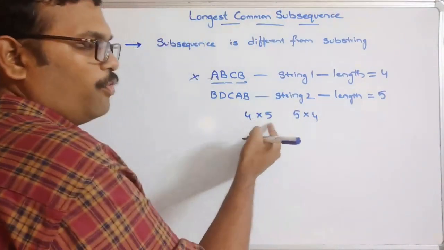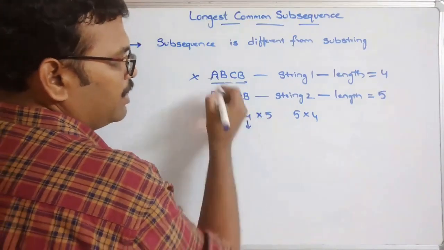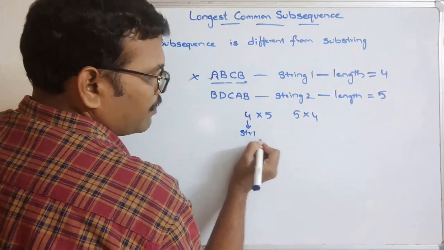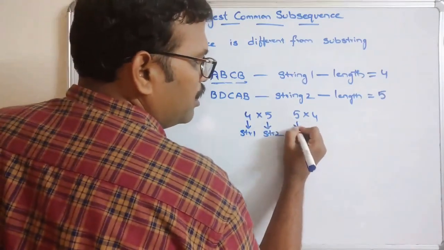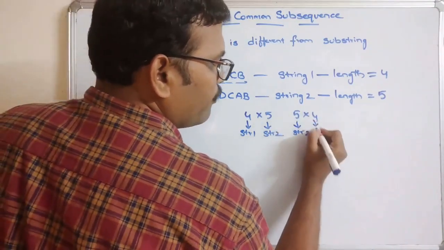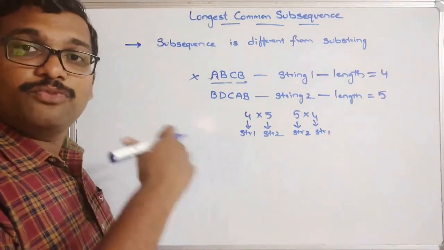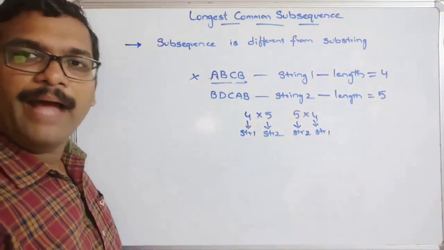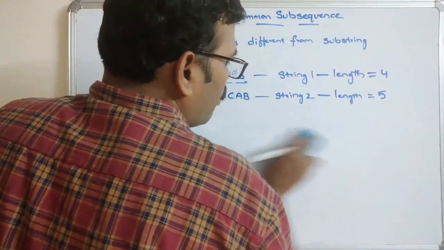If you go with a 4 by 5, the number of rows will be string 1 and the number of columns will be string 2, and here the number of rows will be string 2 and the number of columns will be string 1. Like this we have to first draw the matrix.